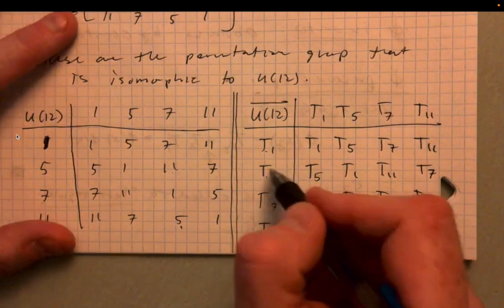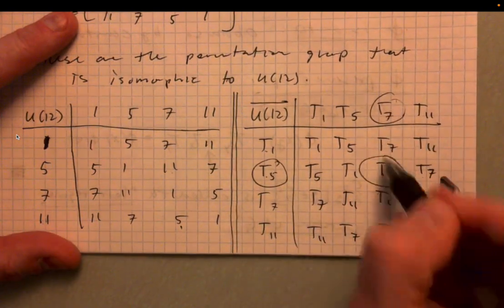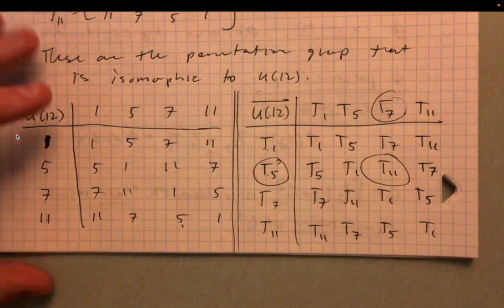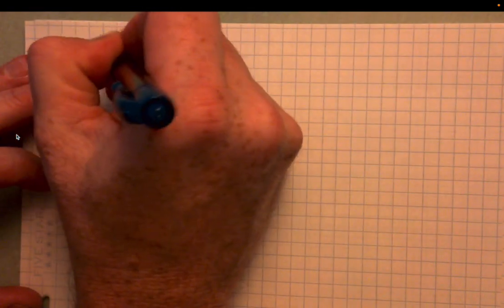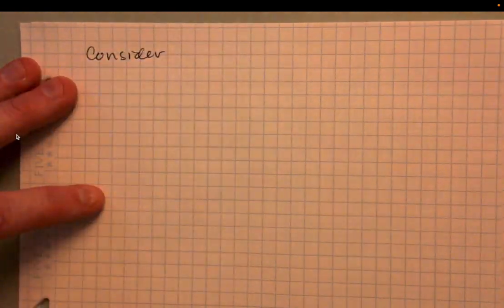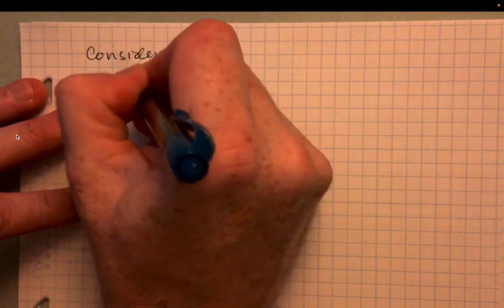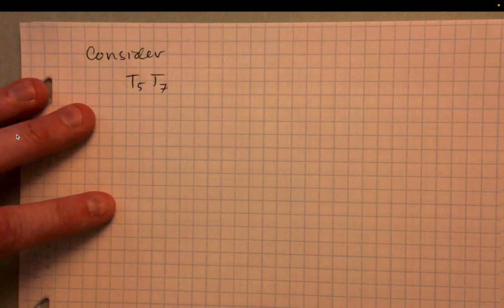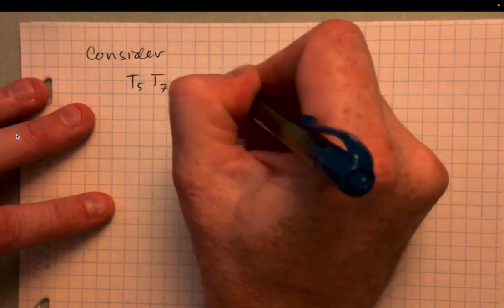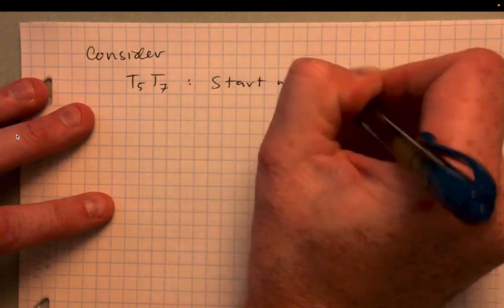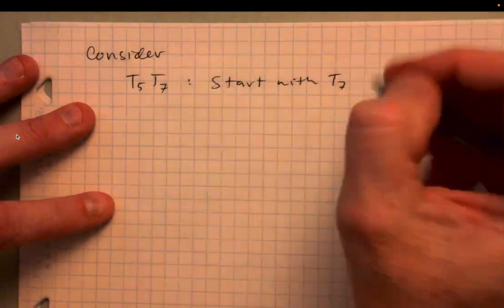What if I want to combine T5 and T7 to get T11? How does that work? Well, let's take an example of that. Let's just show how we would want to think about that if we were doing those combinations. So consider T5 combined with T7. Basically, you want to start with T7. There's different ways to notate this, but we're going to do it this way.